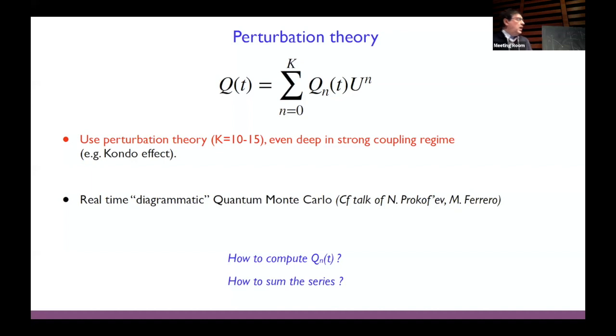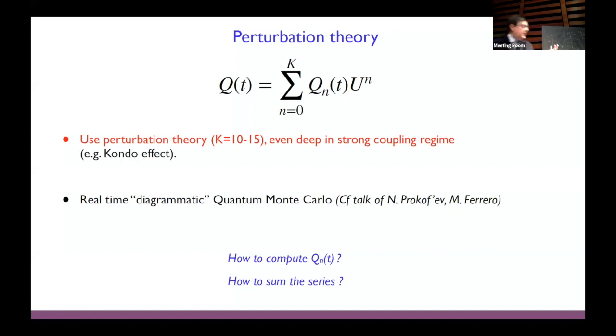And the point is that I'm going to use perturbation theory with, let's say, 10, 15 orders to find the physics even deep in the strong coupling regime, for example for the Kondo effect. We are usually used to thinking of perturbation theory as being weak coupling with a few orders. Everything changes when you have a lot of orders and when you can extract physics in strong coupling regimes, as I will show later.